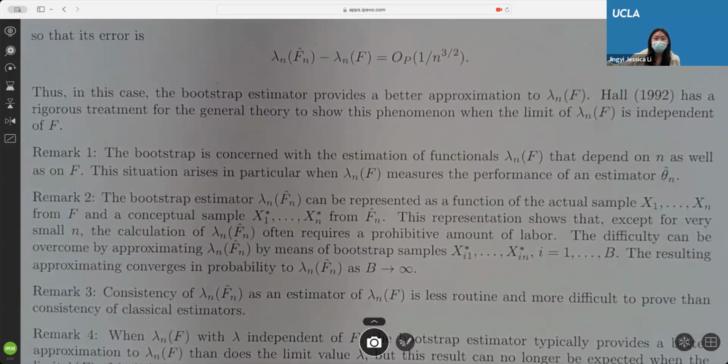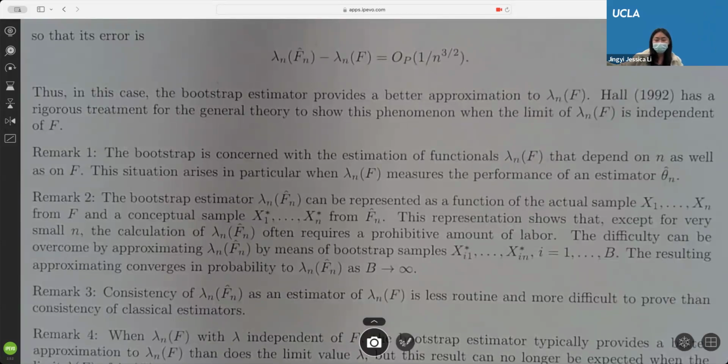Remark 2. The Bootstrap estimator lambda_n(F_n-hat) can be represented as a function of the actual sample X1 to Xn. This is because F_n-hat depends on the actual sample. From F_n-hat we draw the conceptual, or hypothetical, sample X1 star to Xn star, right? They are sampled with replacement from X1 to Xn.